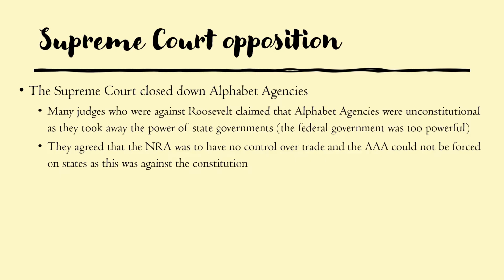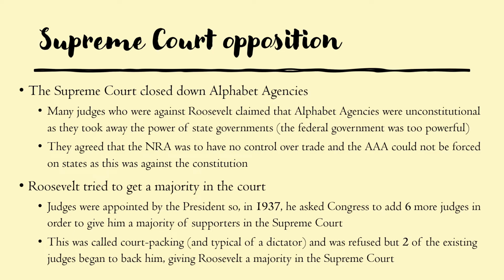They agreed, for example, that the NRA, the alphabet agency which made businesses give workers better conditions, more wages and better working hours, would have no control over trade, and that the AAA, which managed farms and helped to stop overproduction, and the act involved with it could not be forced on states, as this was against the Constitution. All they were trying to argue is that the federal government and Roosevelt were trying to have too much power.